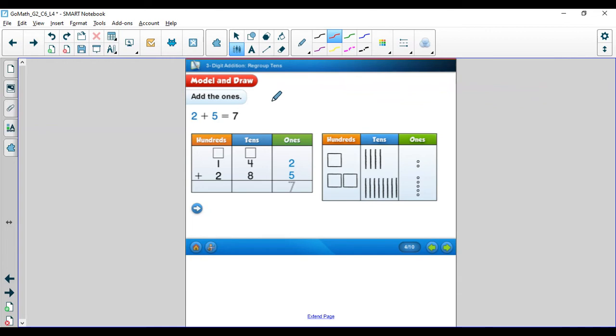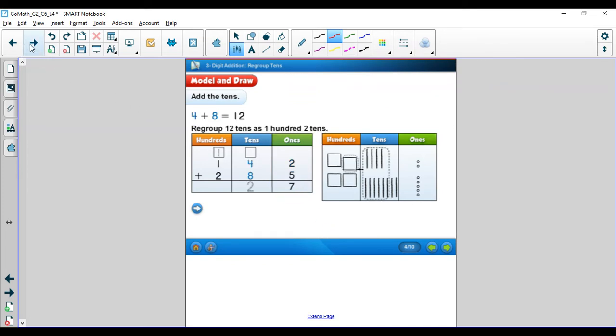We need to remember our first step is always to add our ones. So in the ones, as it says up here, we see 2 plus 5. And if I look at my ones in my quick picture and count them up, I get the sum of 7. So we write a 7 for our sum of the ones.